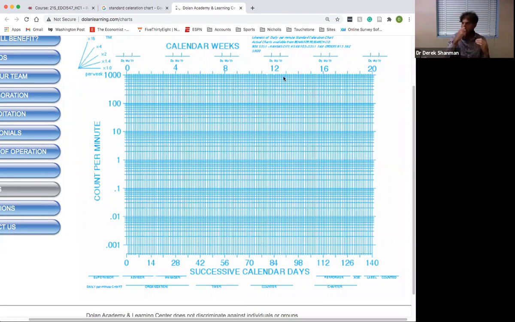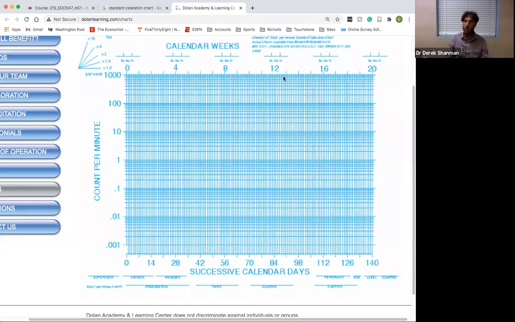So it understands that we're not going to be able to observe every child with every behavior 24 hours a day, but it allows for that opportunity to define the window. All right.